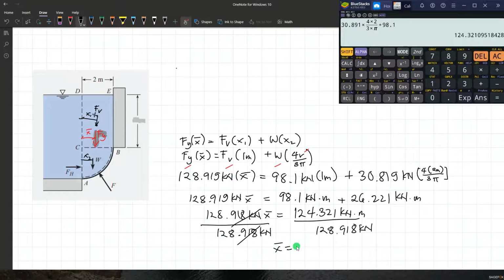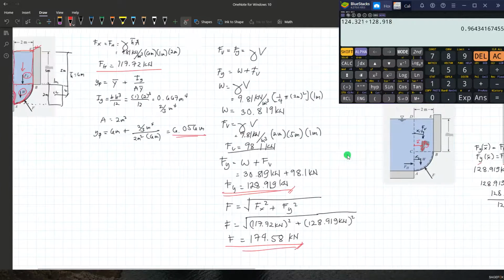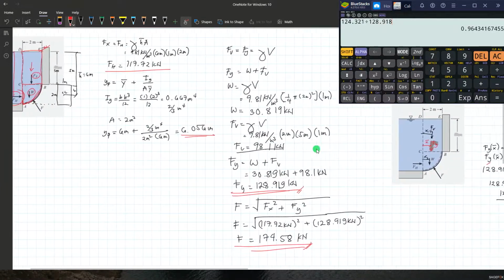We have an answer for bar x that is equal to 0.964 meters. So your bar x is 0.964 meters from this side. So that's the location of your vertical force.